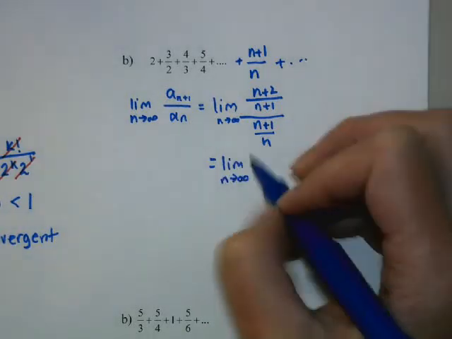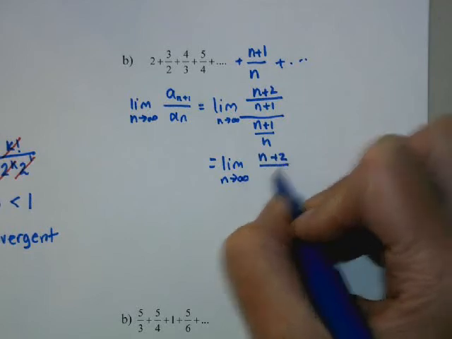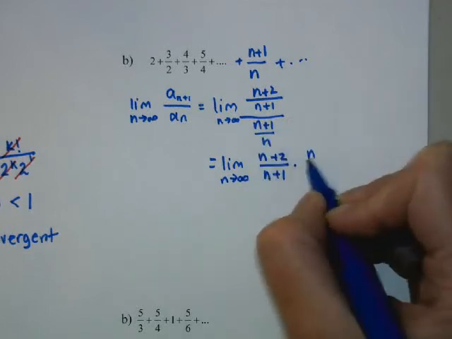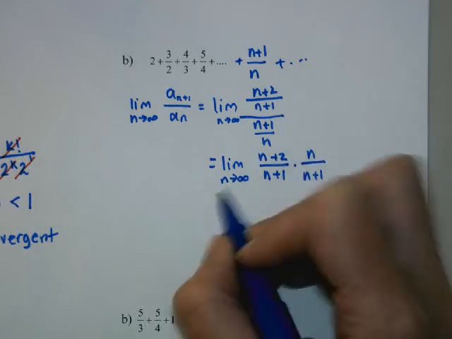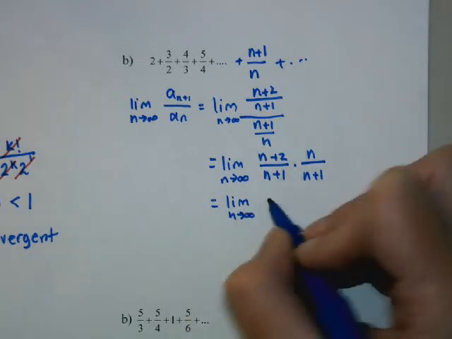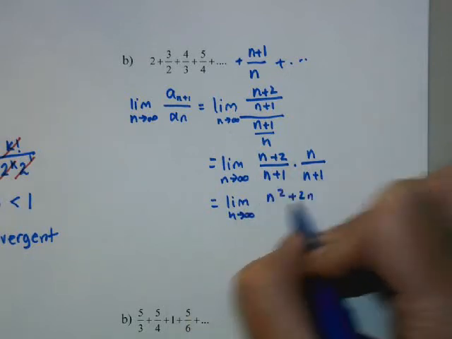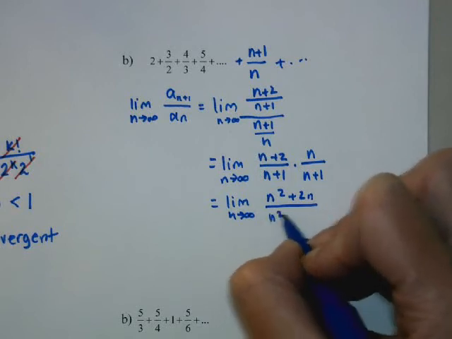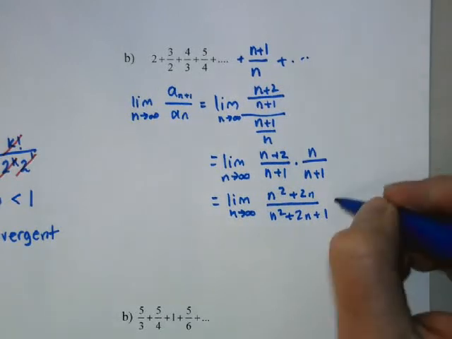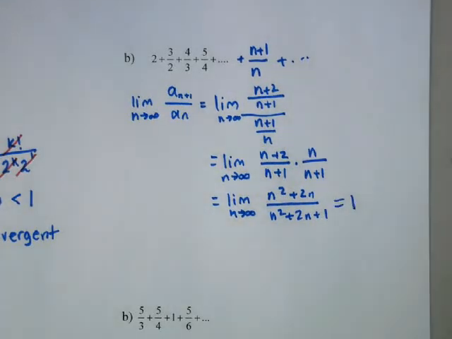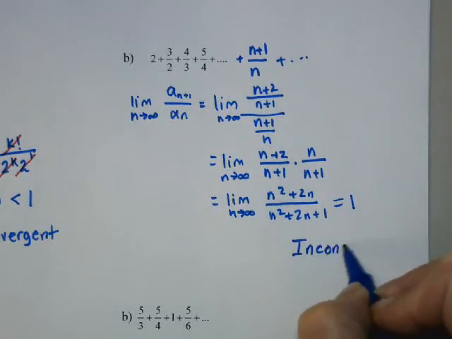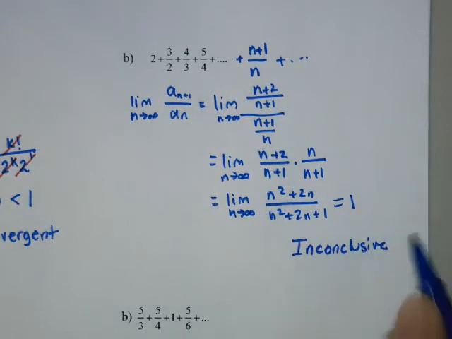So we're going to have n plus 2 over n plus 1, and then multiply by the reciprocal here, n over n plus 1. We'll have n squared plus 2n over n squared plus 2n plus 1. Okay, that limit is 1. And unfortunately, that means we don't know. Okay, it's going to be inconclusive.